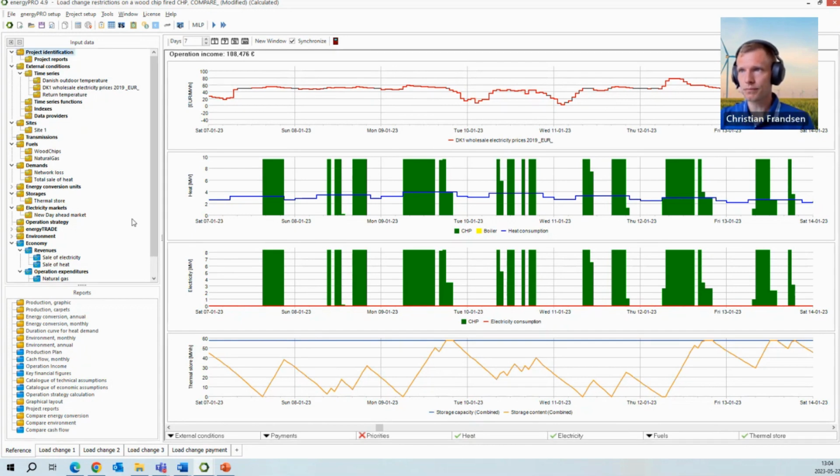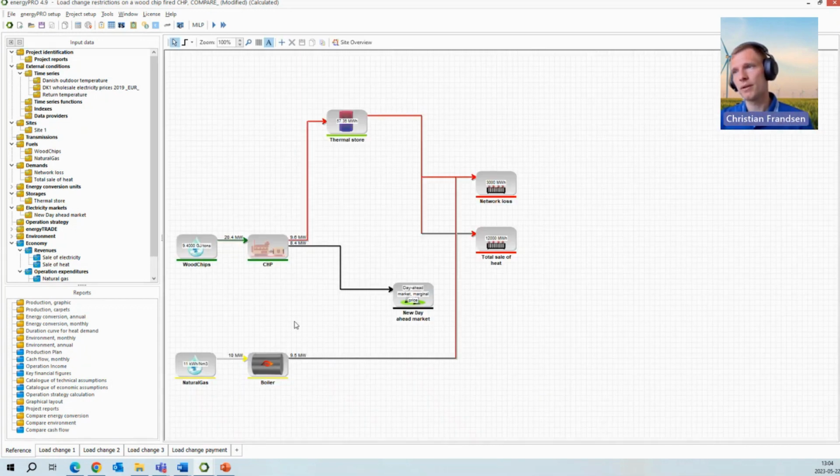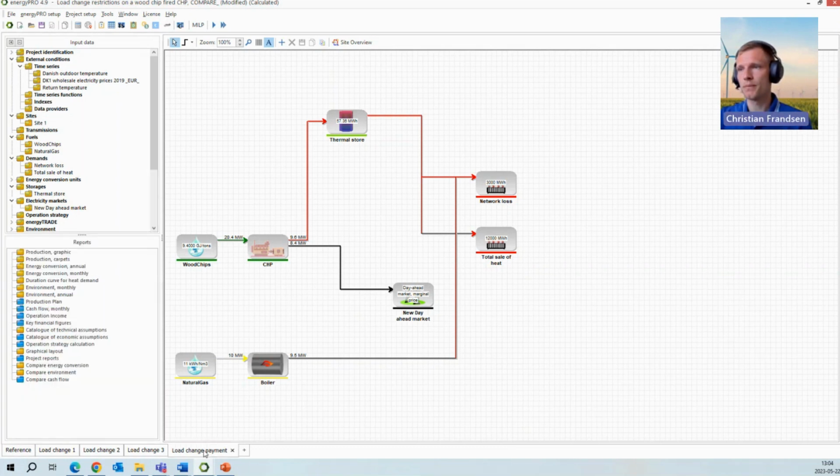So one of the new functionalities that we have introduced is to put a payment, or an associated cost, on changing the load of a unit. So I go to this alternative down at the bottom.